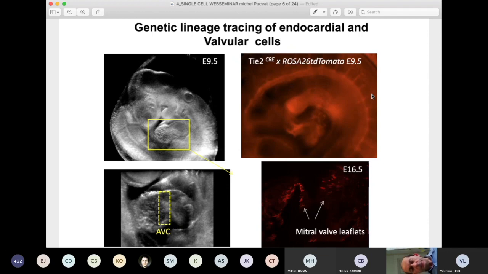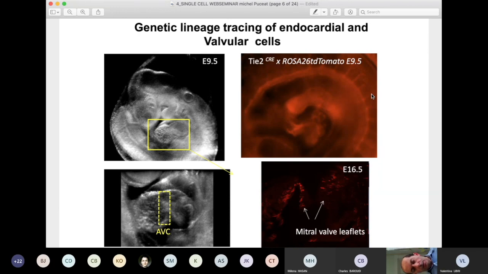So we are crossing a Tie2-Cre. Tie2 is a gene which is expressed in most endothelial cells, including the endocardium. We cross the Tie2-Cre with a Rosa tomato reporter mouse, so that we can very early label all the endothelial cells, including the endocardial cells.